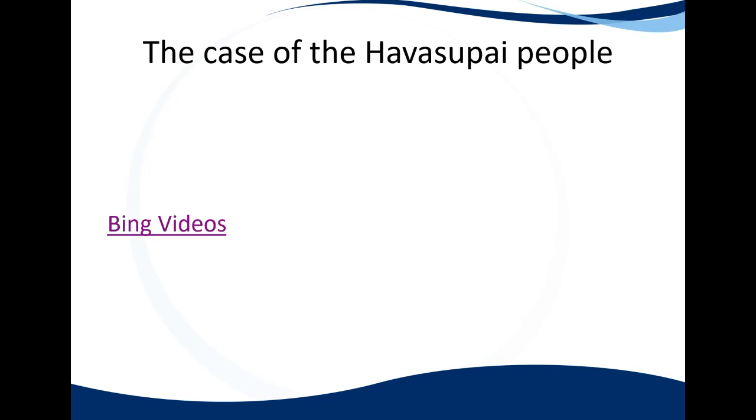So the assumption here is that the Havasupai people are alcoholics. The Havasupai people are inbreeding, right? So there's incest happening. And they want to find scientific justification or merit so that they can make such claims about people, right?